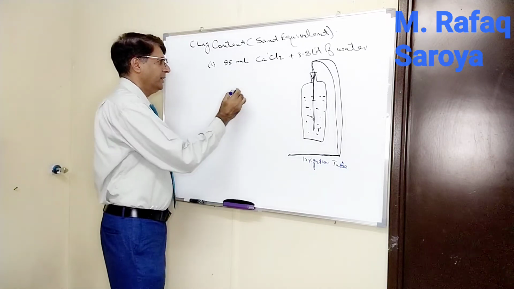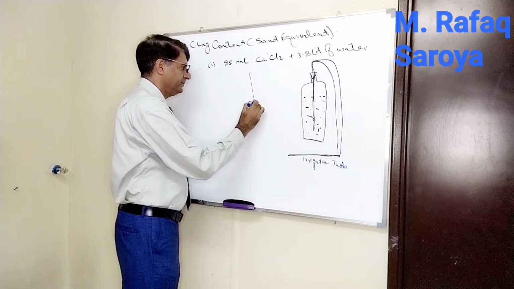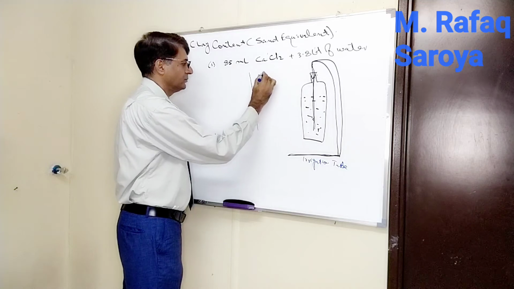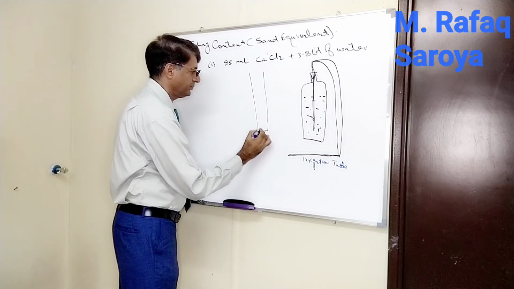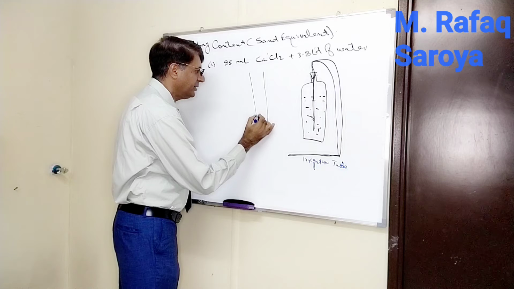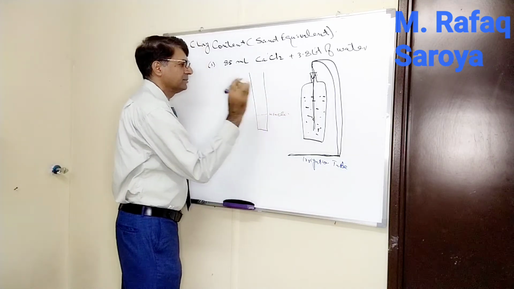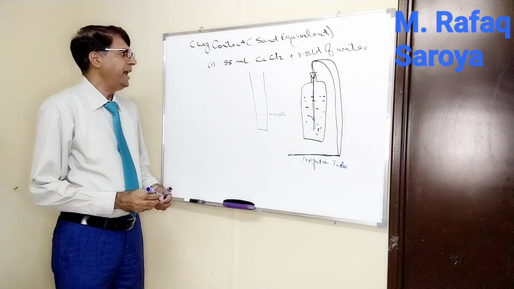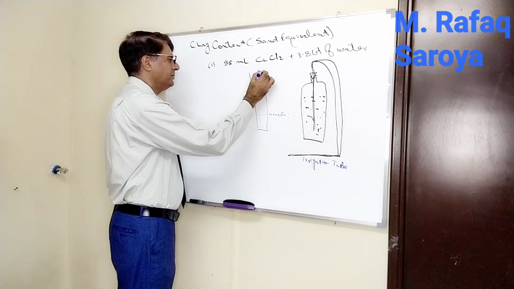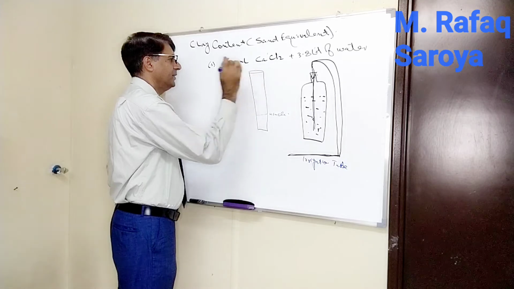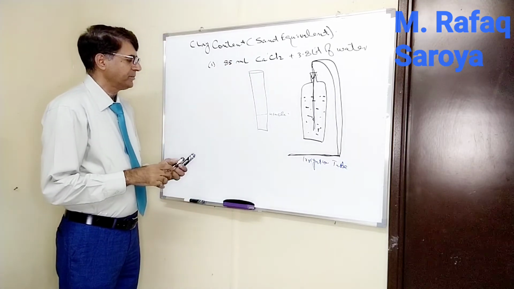How will we proceed? This is our graduated cylinder. First of all, we will put this solution up to 4 inch. When we have put the solution up to 4 inch, what will we do next?